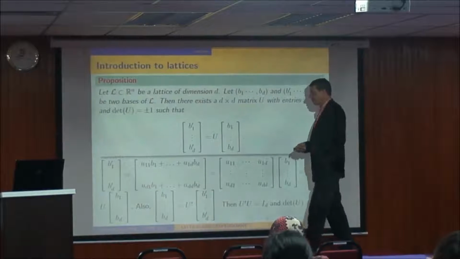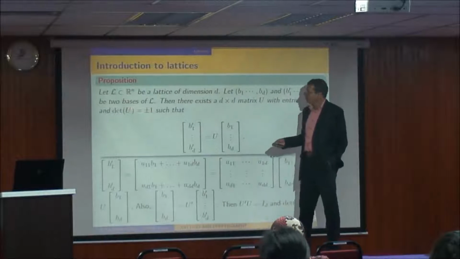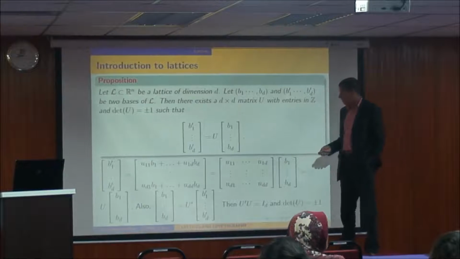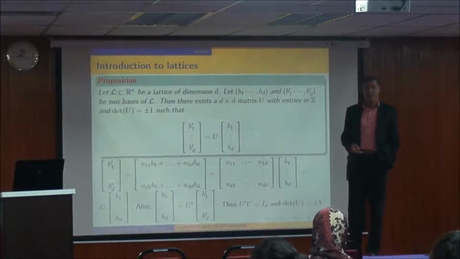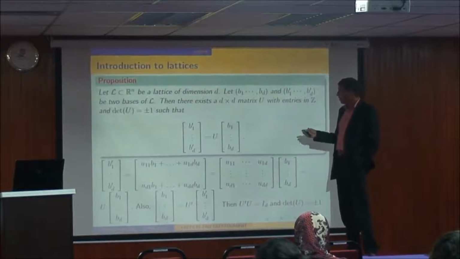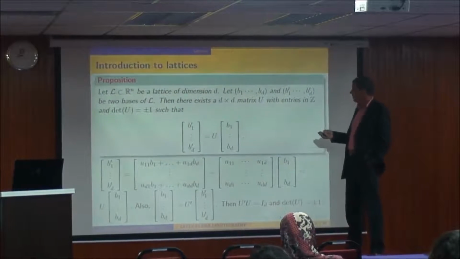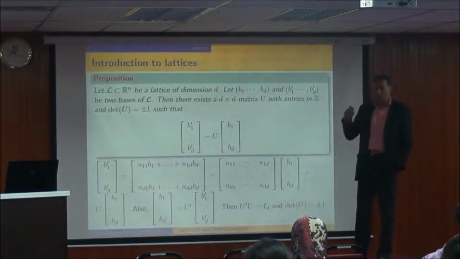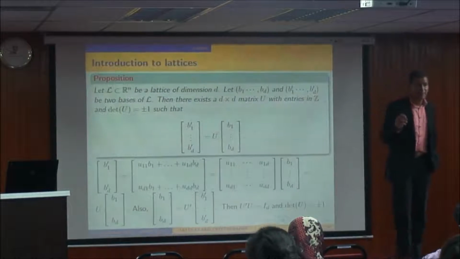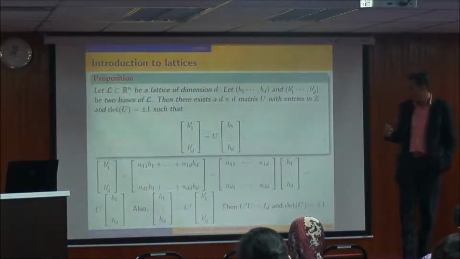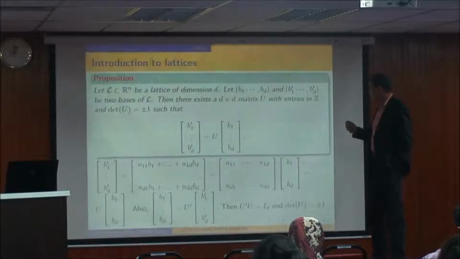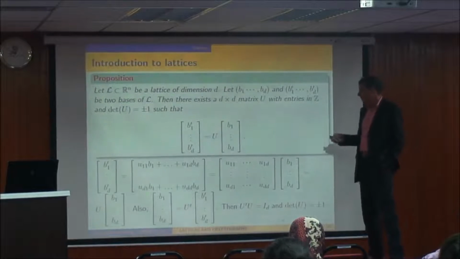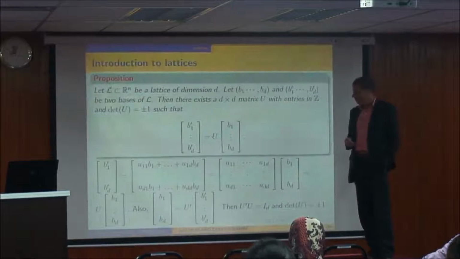We know that there are infinitely many solutions to this determinant condition, and this means that a lattice has infinitely many bases. So for the same lattice we can find basis number 1, number 2, and so on, and some bases are better than others.